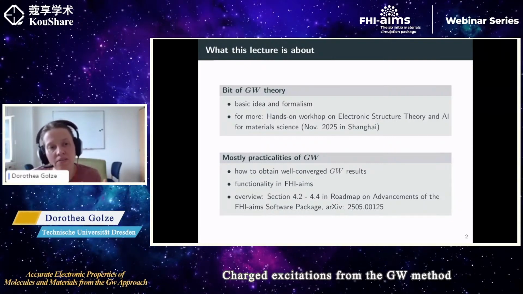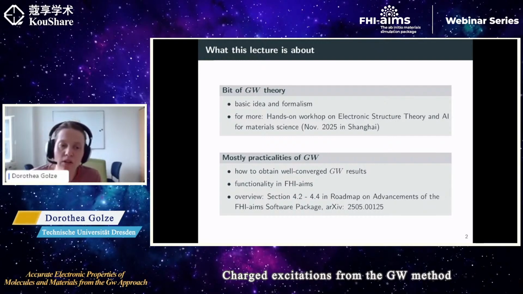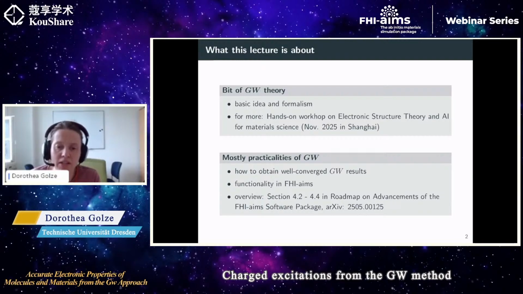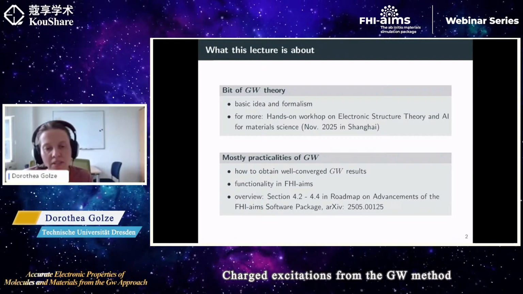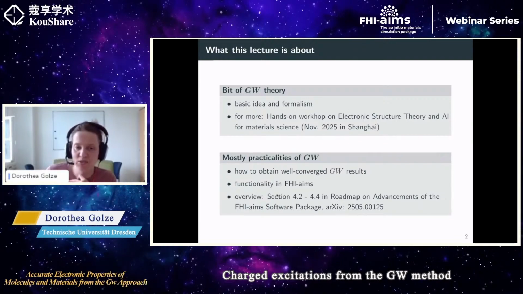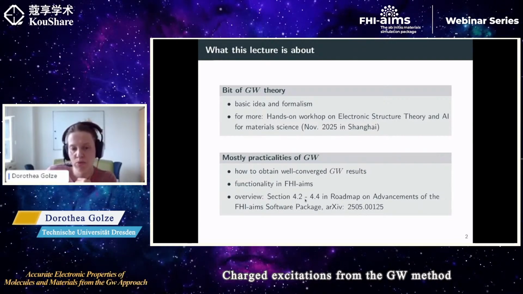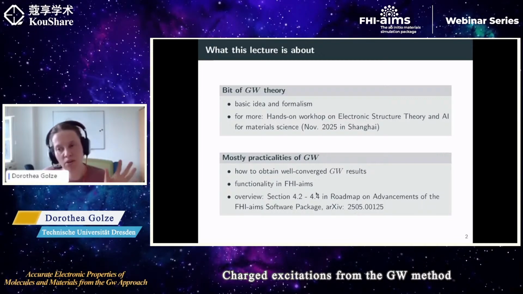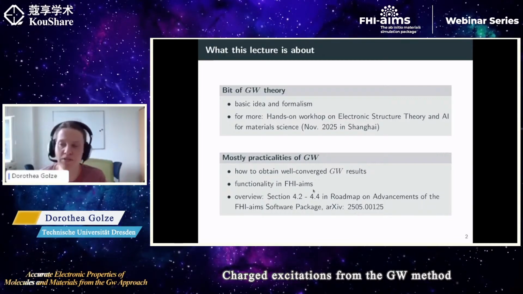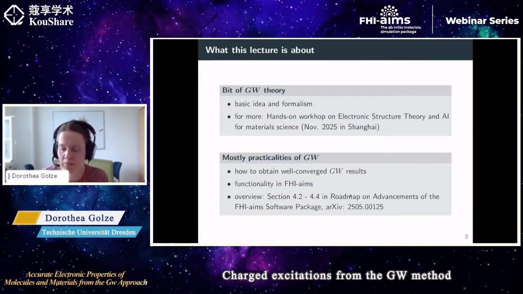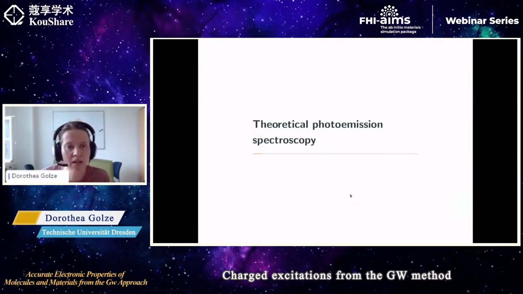The other thing I want to focus on in this talk is the practicalities of GW, so how to obtain well-converged GW results. And I want to say it again, there's an overview in sections 4.2 to 4.4 in the roadmap. I have a lot of references in this talk, but if you want to look them up again, this is certainly a good reference for that.